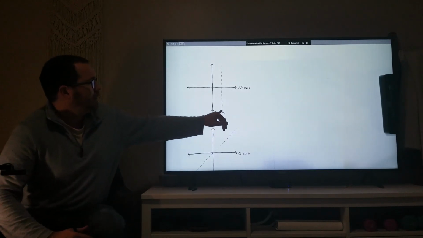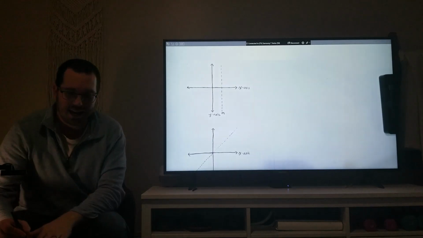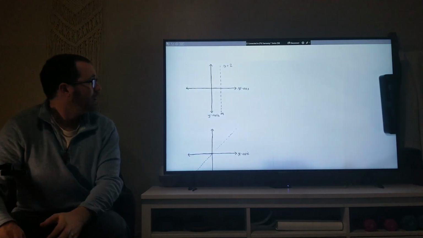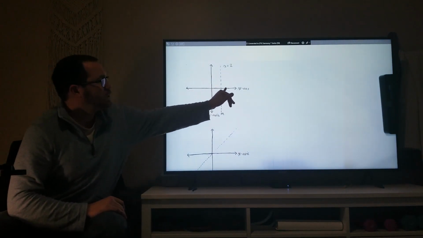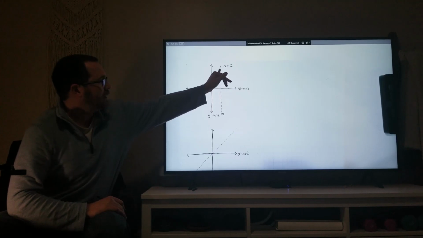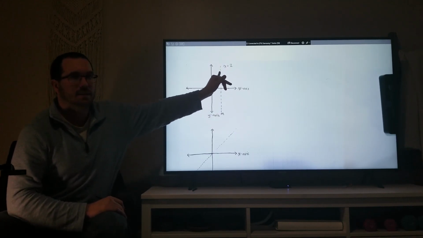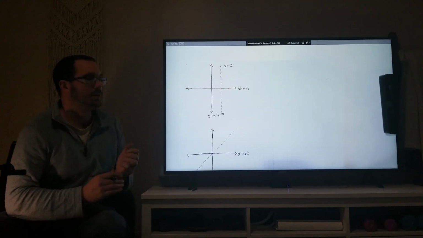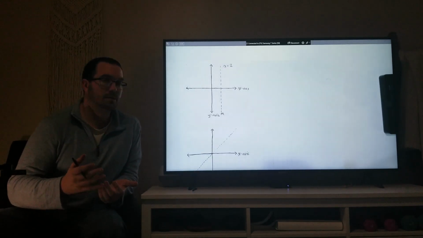Here, for example, our mirror line is actually at x equals 2. What that means is that wherever x equals 2, which is right at this spot here, every point along this line is x equals 2. Y could equal all sorts of different things, but it's x equals 2. So that's our mirror line, and so that's going to change where things reflect.